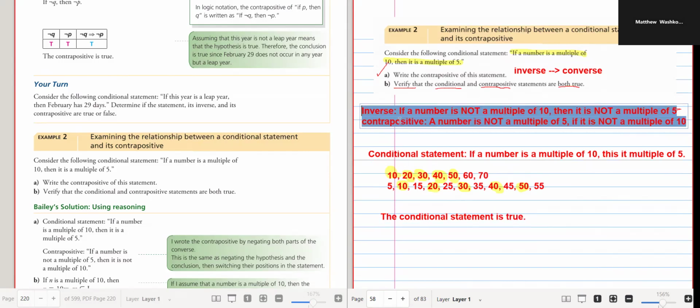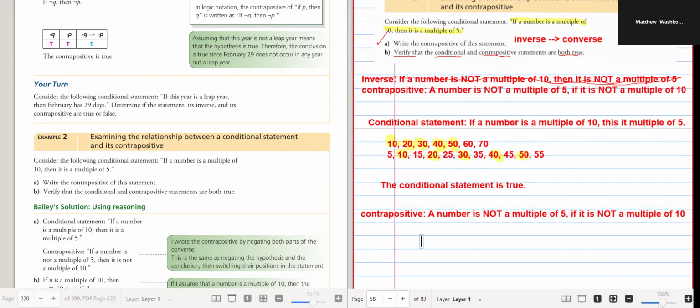So now let's do the contrapositive statement. If a number is not a multiple of 5, then it is not a multiple of 10. Now this one's trickier to do. If you were to list out numbers that are not a multiple of 5, that's like 1, 2, 3, 4, 6, 7, 8, 9, 11, 12, 13, 14, and so on.